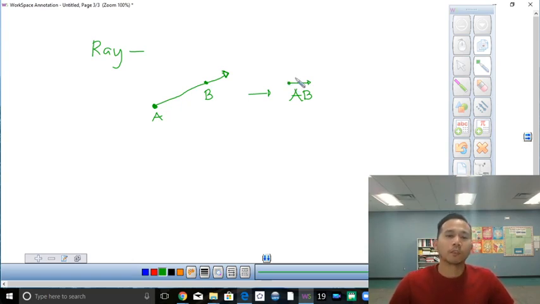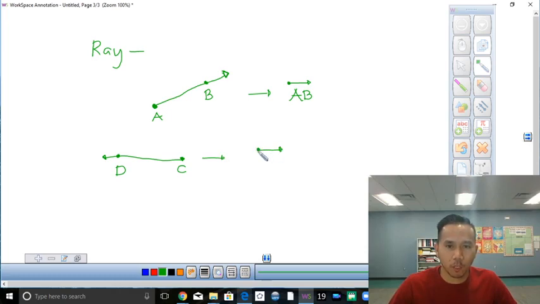No matter what the direction of the ray is, you always have to name it this way, which is ray AB. It's just a single arrow. So if I have here a ray, let us say pointing in that direction, and let us say this is C and this is D, you still have to name this one as ray CD.